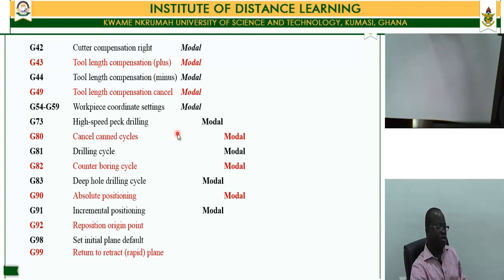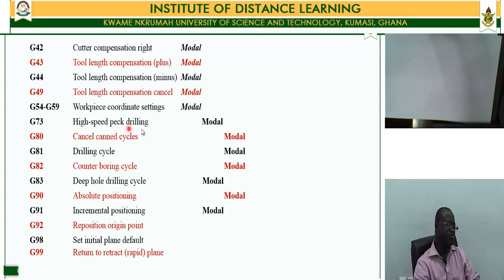G21, metric units, and then automatic return to reference. G29, return from reference point. Then G40, we have cutter compensation cancel. G41 talks about compensation to the left. G42 is cutter compensation to the right.